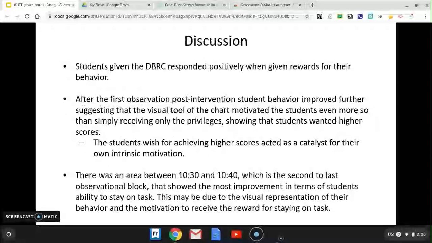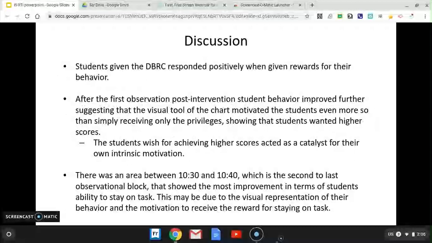So students who were given the daily behavioral report card responded positively when they were given rewards for their behavior. Also, the students also wanted to see themselves score higher, so it kind of offered its own intrinsic motivation for that student.